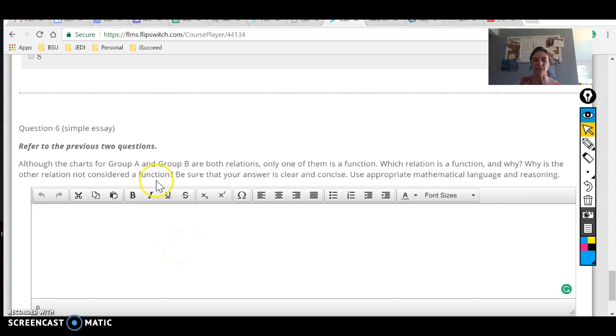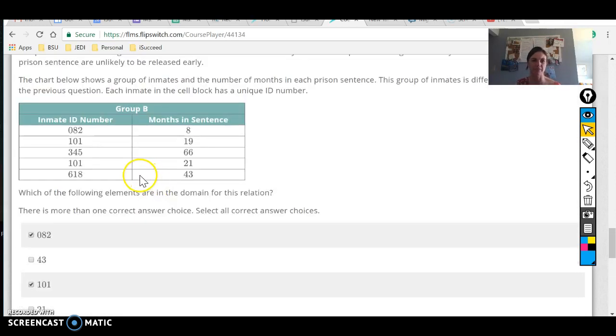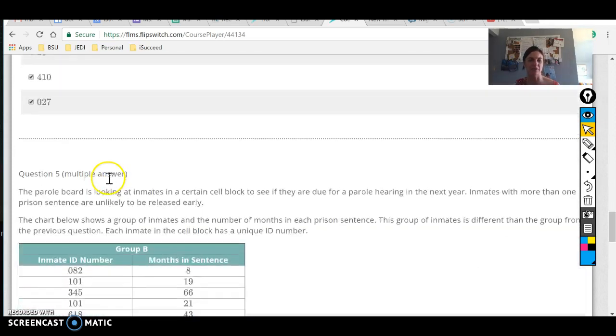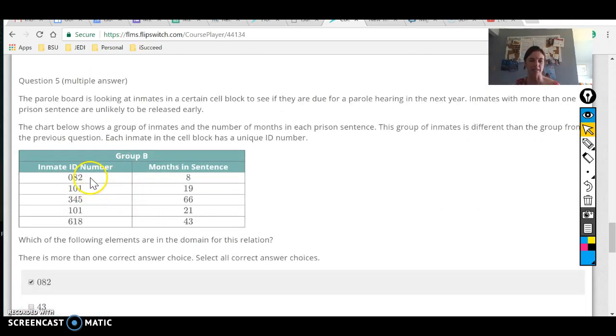If we go here to group B, we've got one value for 082, but for 101, we've got two different values of y. I have the same x value, but two different values of y.